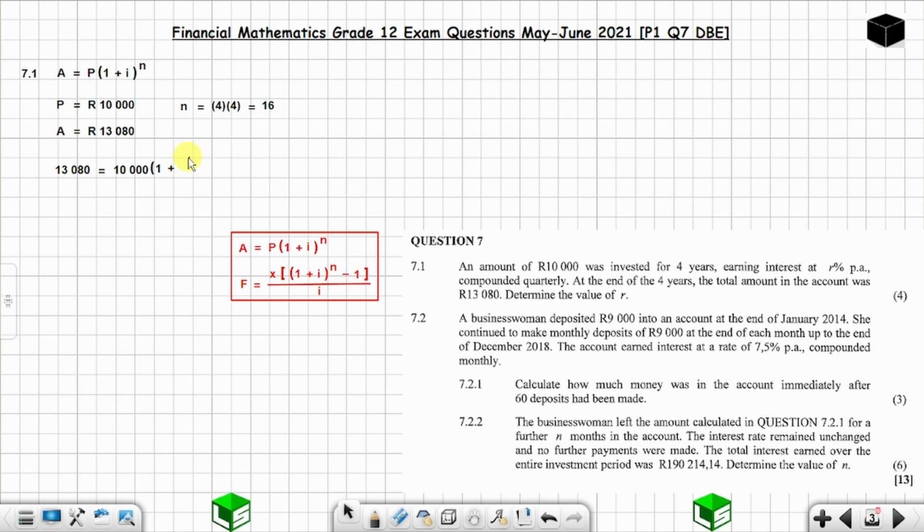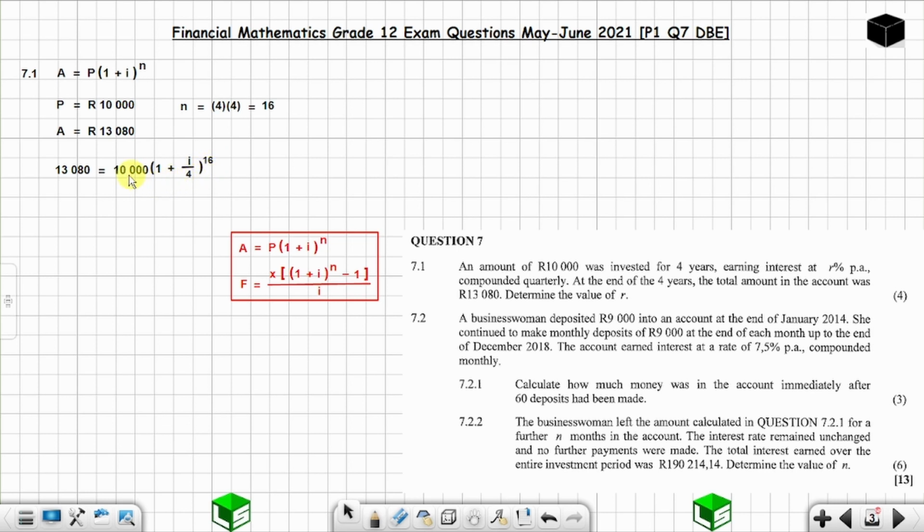Remember, I is going to be divided by 4 because you are told compounded quarterly. You close the bracket, and N is equal to 16.